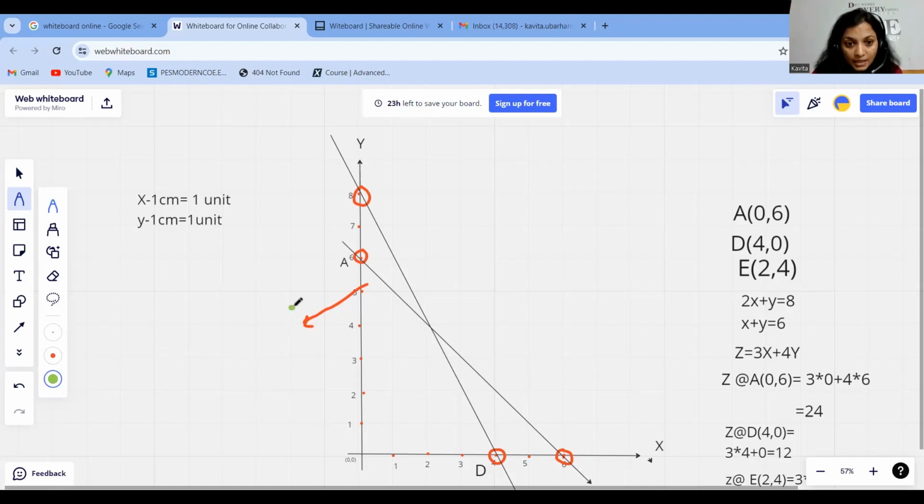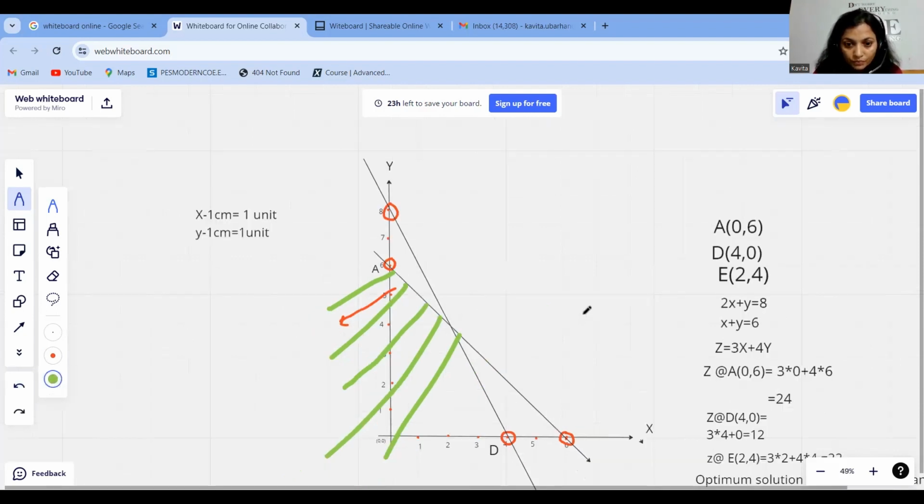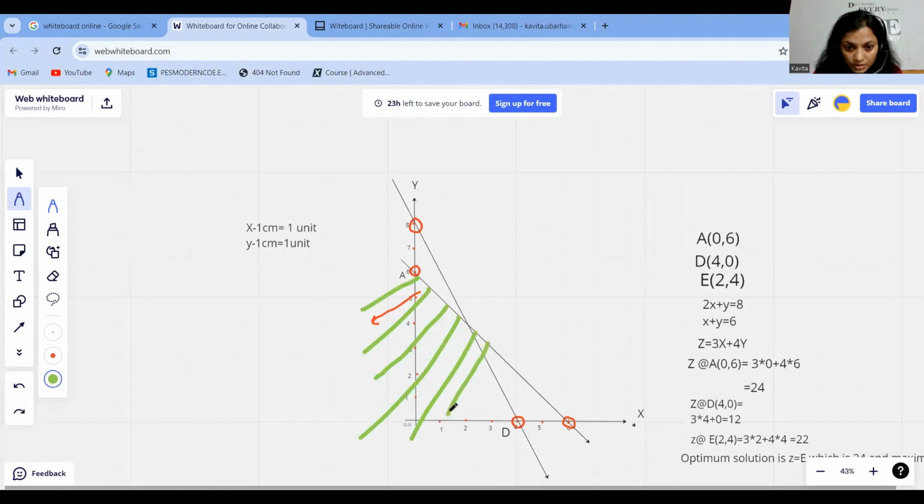So we can say that this region on the graph towards the origin will be the feasible region for equation number 1.